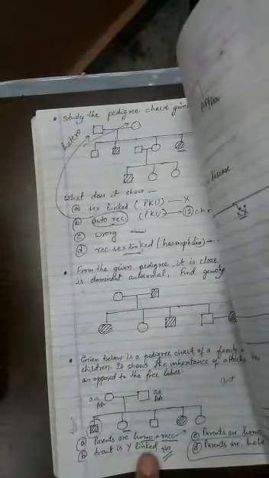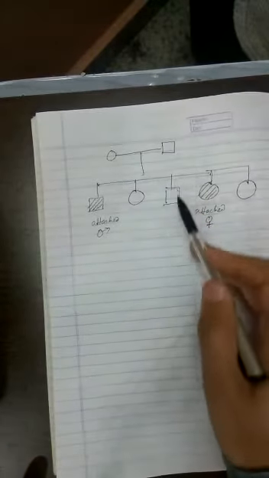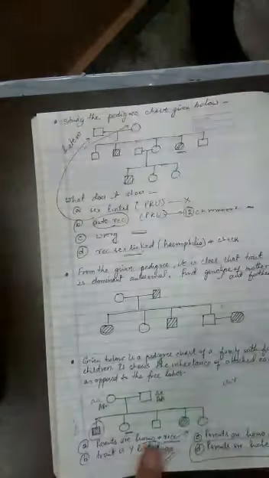So can you call it a Y-linked character? No, because it is found even in the female also. And please remember, a Y-linked character should be present in all males. So all these males should have got the character and no female should have got the character. So this option is wrong.